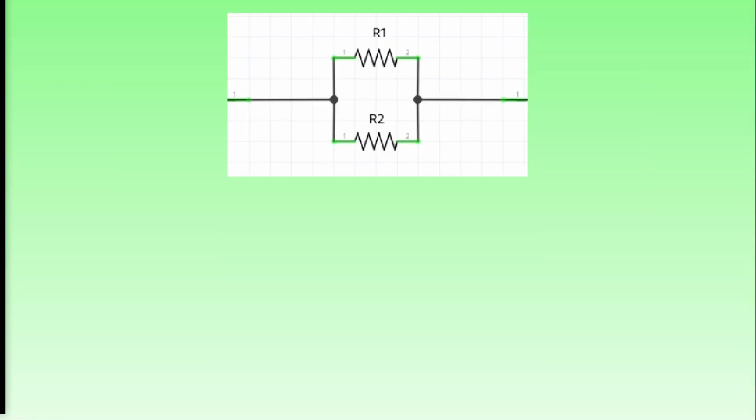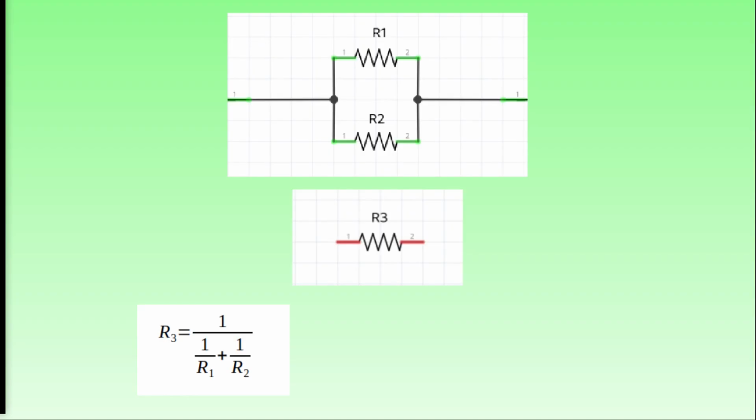And here is an example of two resistors connected in parallel. In such cases, the current splits into multiple paths when it enters the parallel, and it regroups when it leaves the parallel. The equivalent resistance is the reciprocal of the sum of the individual reciprocal resistances. Yeah, it seems a little complicated, but here is the formula.